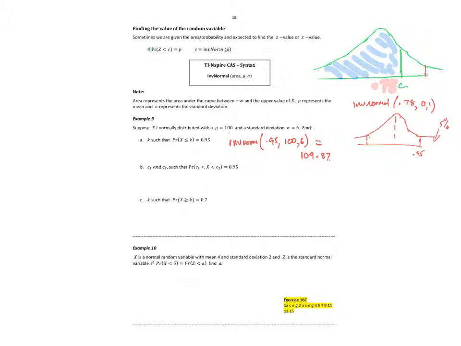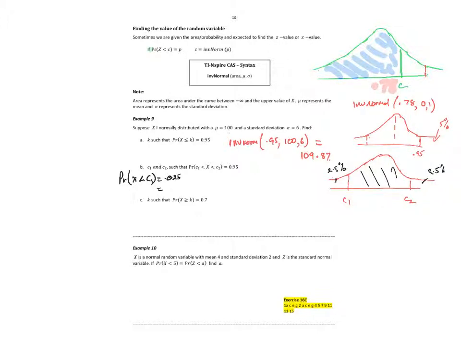Find C1 and C2 such that the probability between the two values is 0.95. All right, so what does that mean? So let's do my little graph. C1, C2. So if that's 95% in there, that's got to be 2.5%, and that's got to be 2.5%. So that means the probability that x is less than C1 has got to be 0.025.